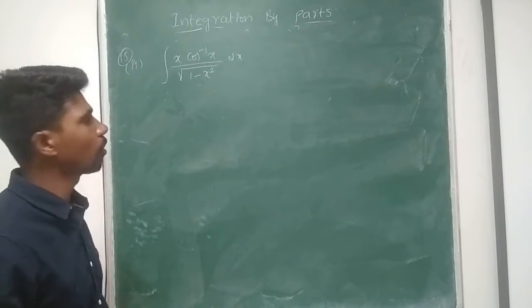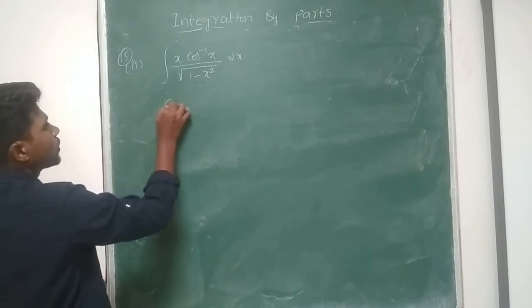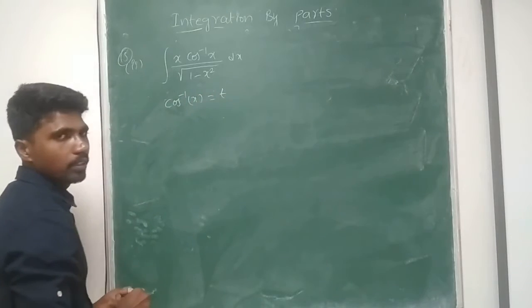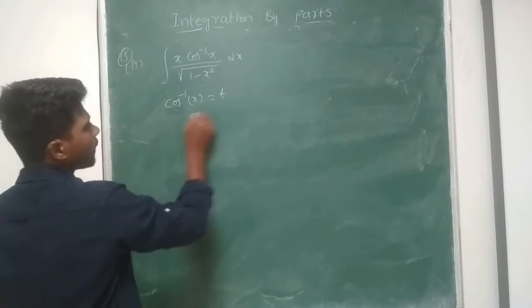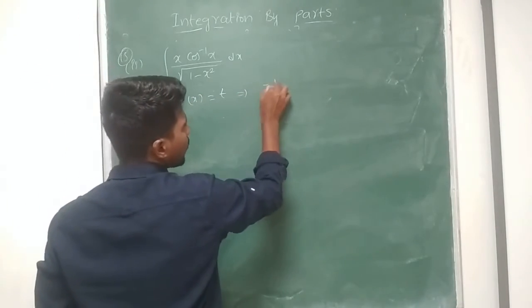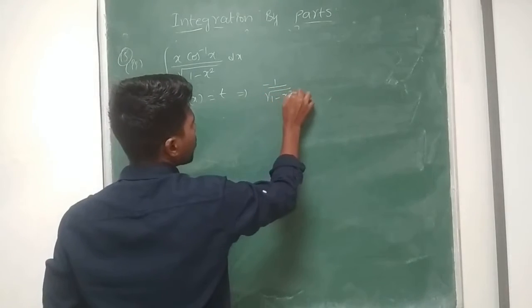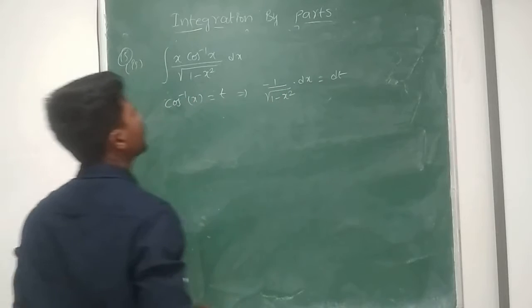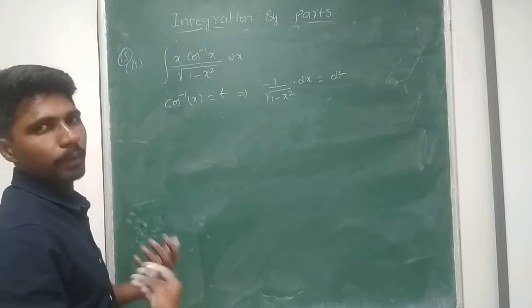So in that way I can solve. That's why I am using cos inverse of x as t. So minus 1 by root over 1 minus x square into dx will be equal to dt. I don't have a minus here, so I have to multiply by minus.